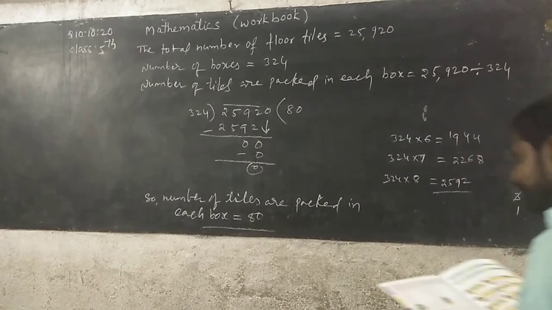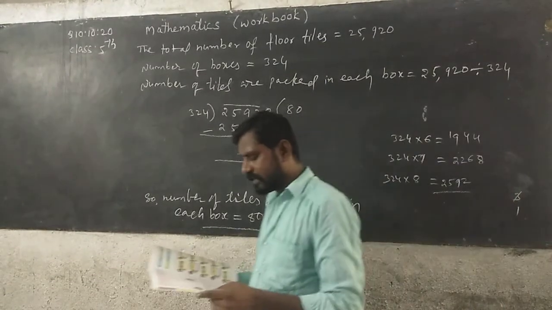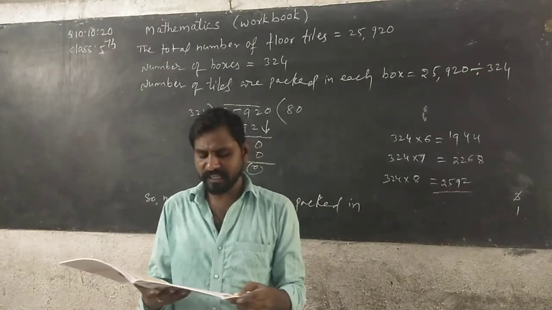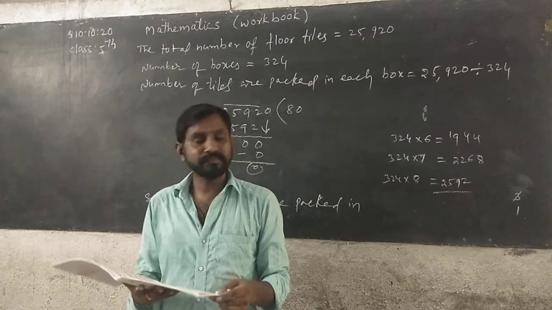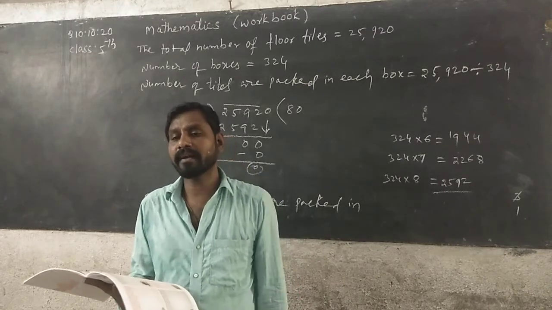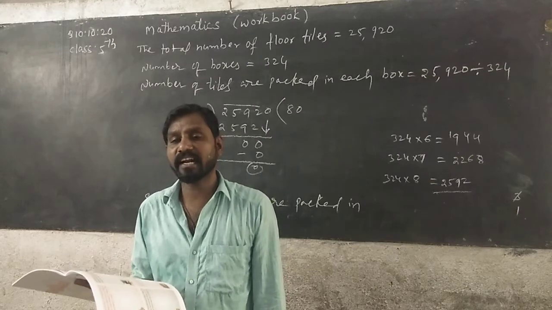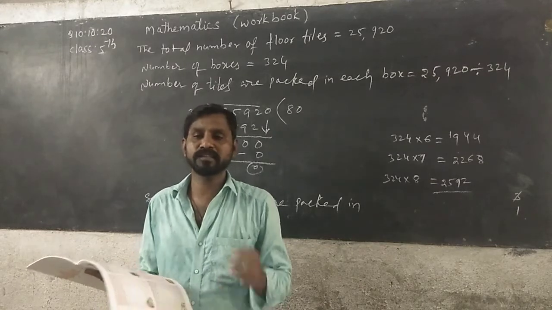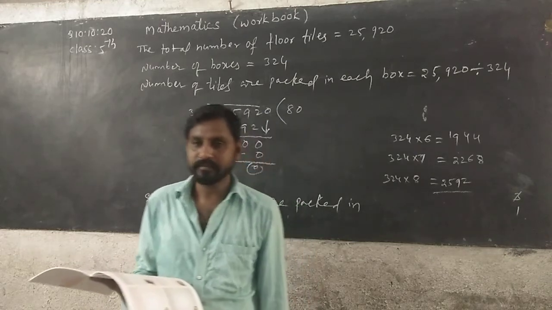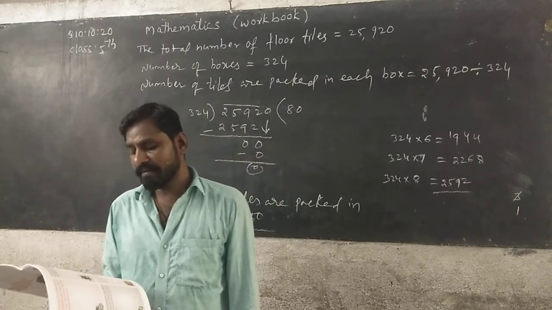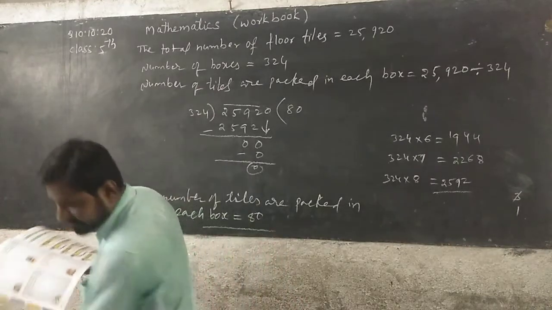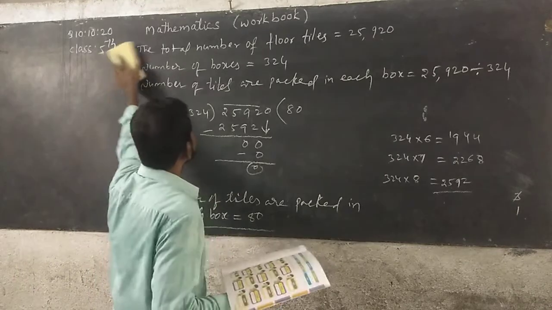See here, 49,920 bags of rice have to be stored equally in 64 godowns. How many bags must be stored in each godown? This is very easy. So we have to take a division.